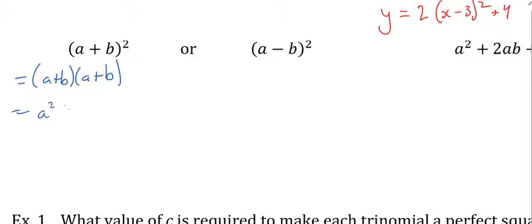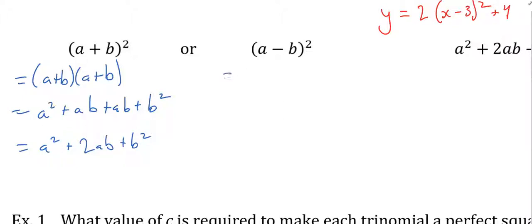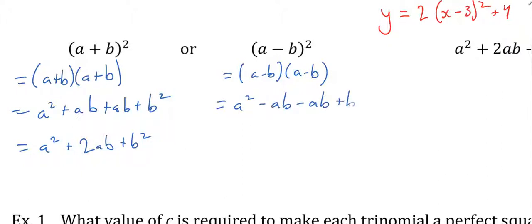So this is a squared plus ab plus ab plus b squared, which is a squared plus 2ab plus b squared. And a minus b all squared is a squared minus ab minus ab plus b squared, so it's a squared minus 2ab plus b squared.